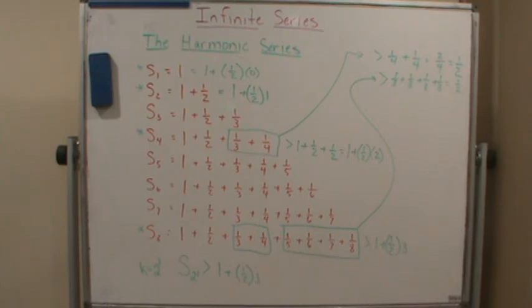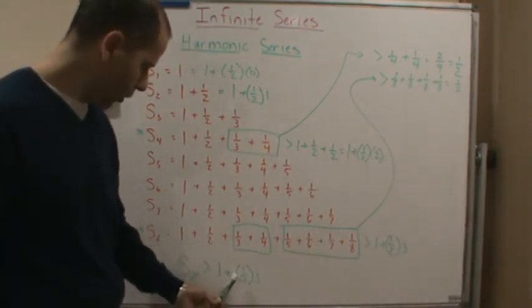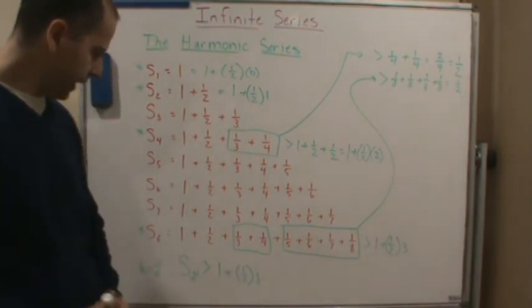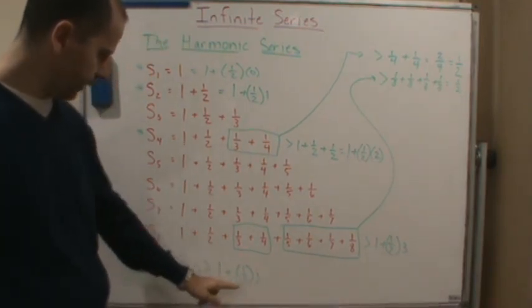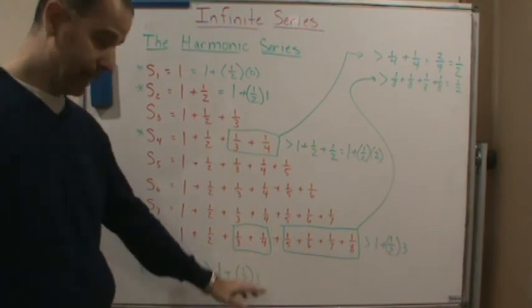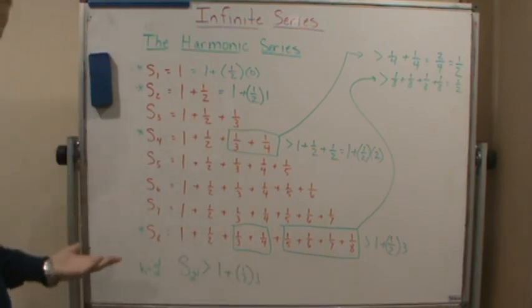Now, here we're always adding a half. So as j goes to infinity, this side is unbounded. It goes off to infinity.